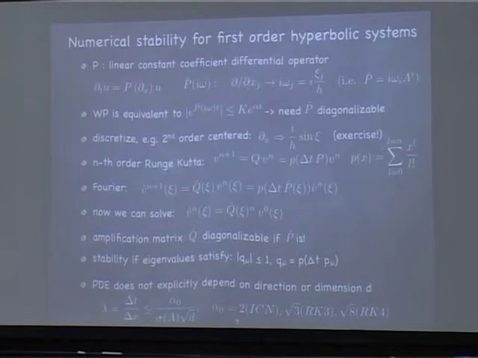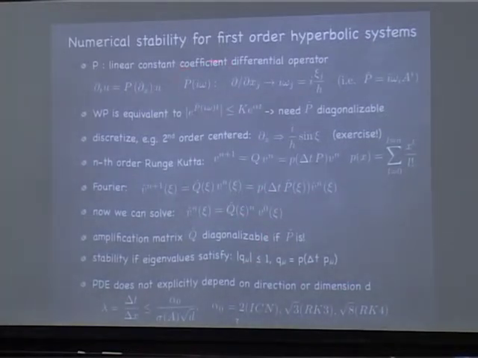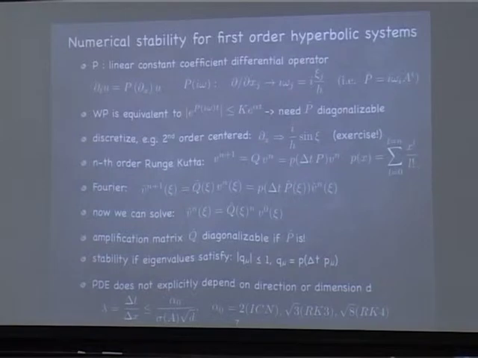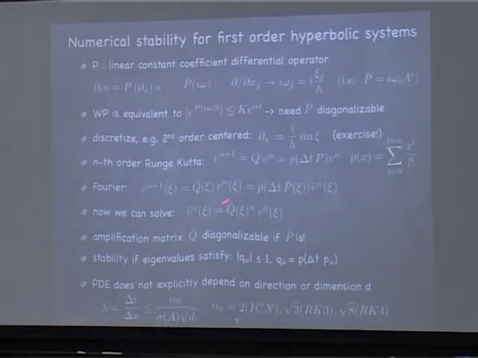And this is diagonalizable if we have the fundamental differential operator diagonalizable. And we have stability if the eigenvalues of this are all bounded by 1. It's the same way that we've had that before.